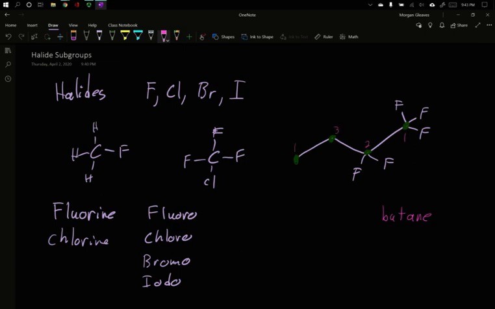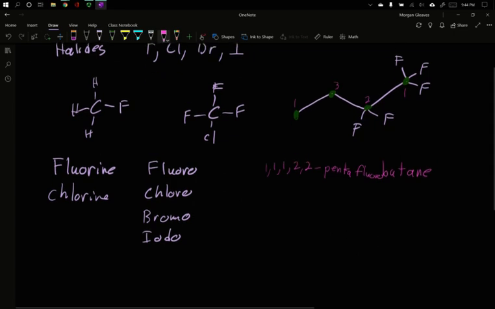So we number that 1, 2, 3, 4. It has a 1, 1, 1, 2, 2, and there's 5 of them, so pentafluoro. 1, 1, 1, 2, 2, pentafluorobutane.